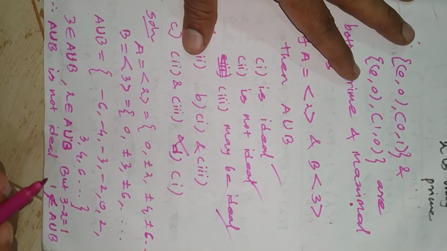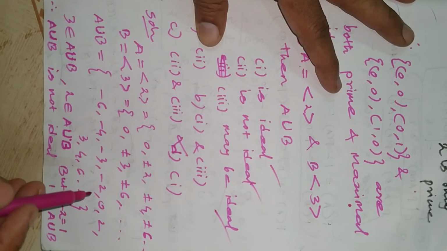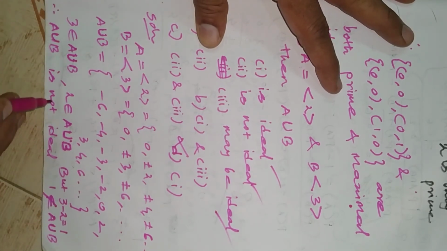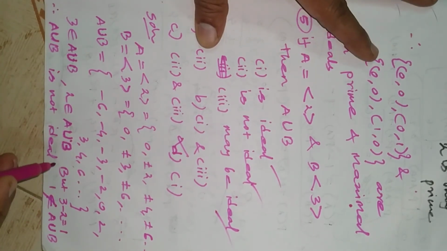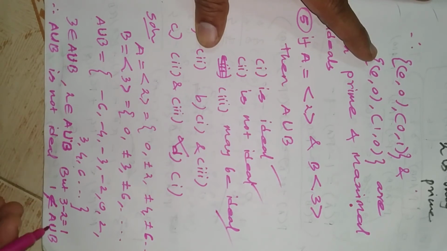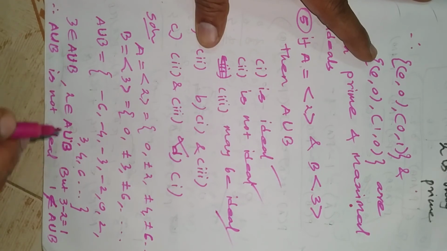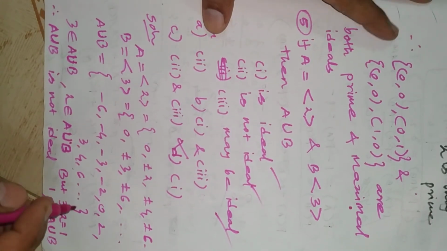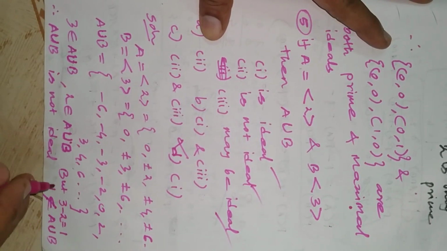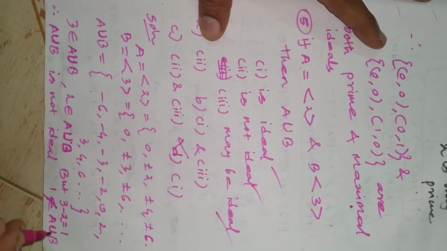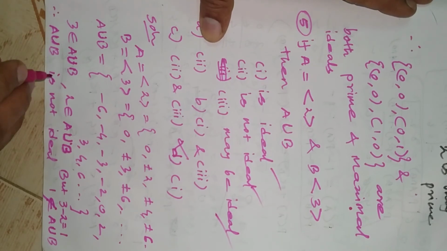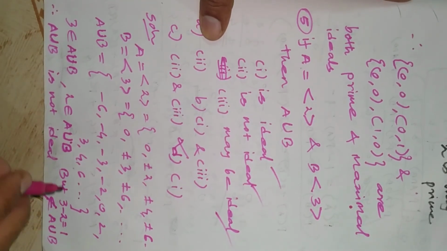But 1 does not belong to A union B. So according to the definition of ideal, A union B is not an ideal. Am I right? 1 should belong to A union B. But here 3 minus 2: 3 and 2 are in A union B, but 3 minus 2, which is 1, does not belong to A union B. So by the definition of ideal, this element should be in A union B, but here it does not belong to A union B. So A union B is not an ideal, very clearly.